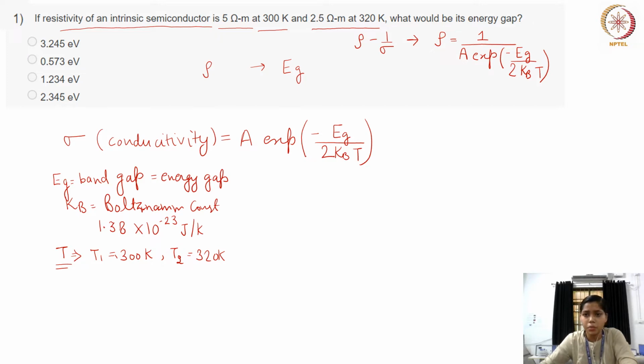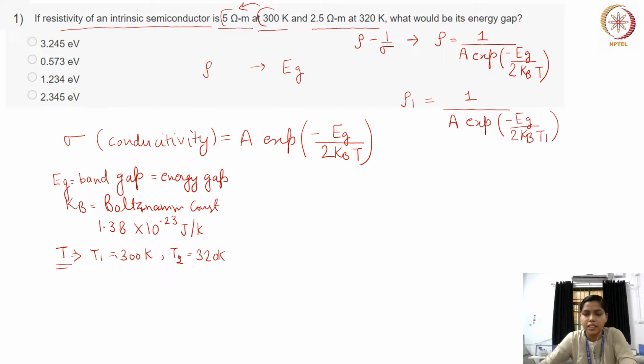Okay. So here they have given the resistivity at 300 Kelvin, it's 5 ohm meter. So we can write rho 1 is equal to 1 divided by A exponential of minus Eg divided by 2 kB T1.